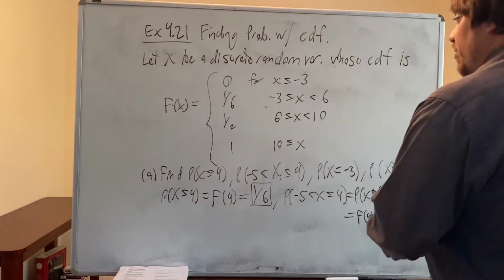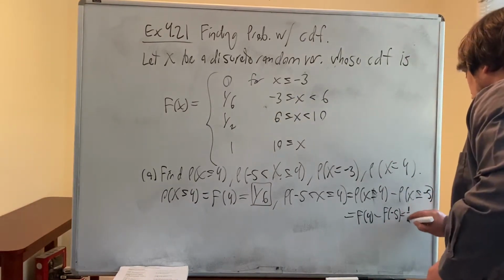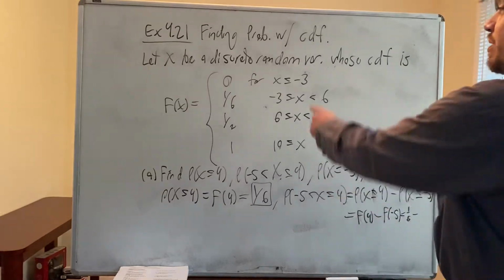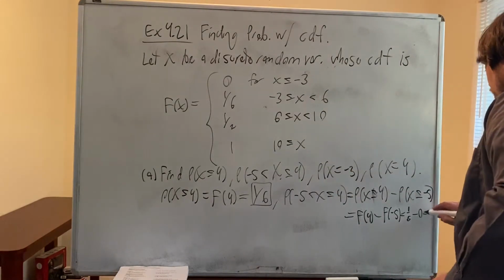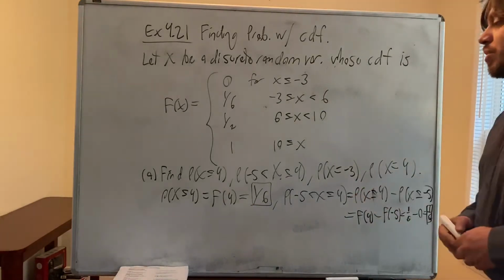What's capital F of 4? It's 1/6. And what's capital F of -5? It's 0. So 1/6 minus 0 is 1/6. So that probability is 1/6.